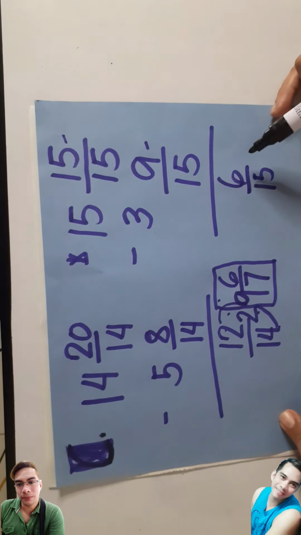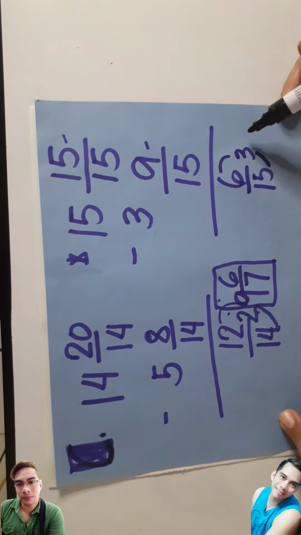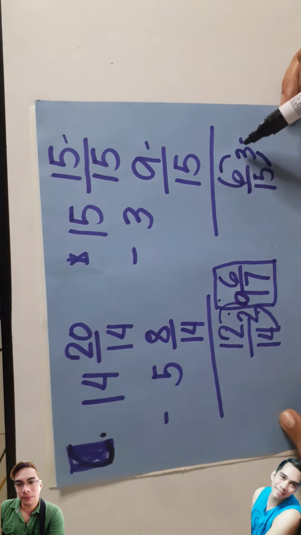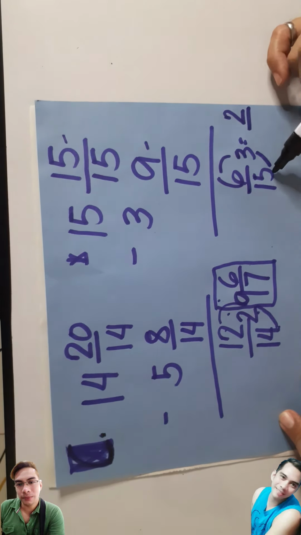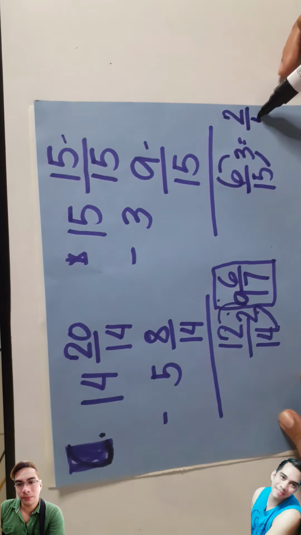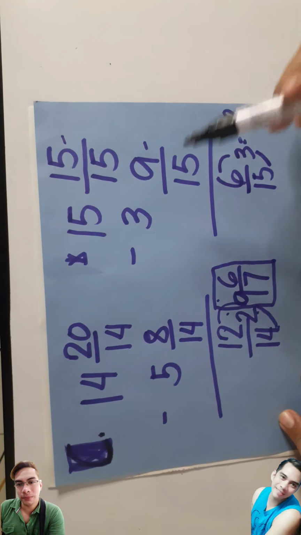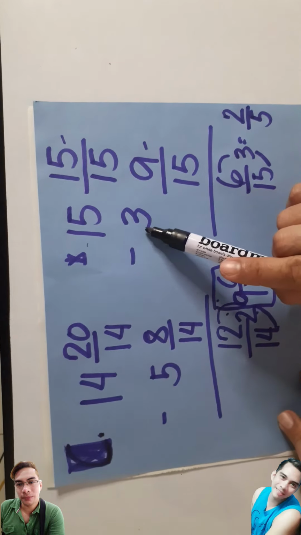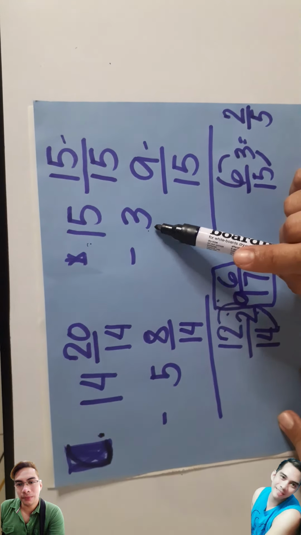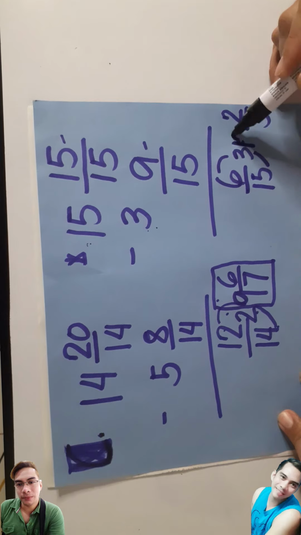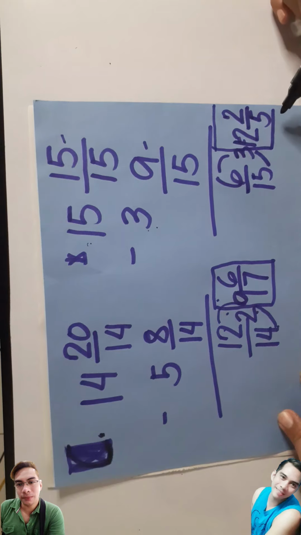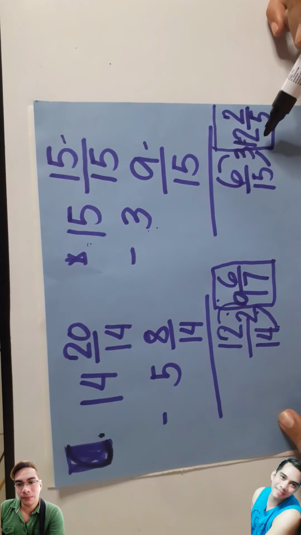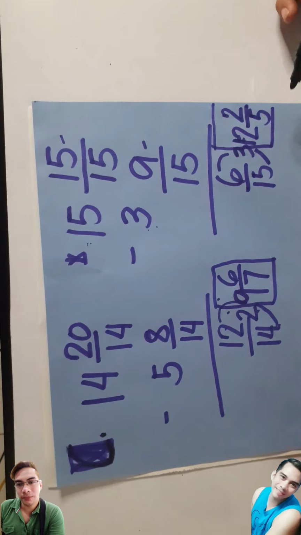Ang GCF niya is 3. So, i-divide natin yan both sides. 6 divided by 3, answer is 2. Then 15 divided by 3, answer is 5. 2/5. Then subtract the whole number, 15 minus 3, answer is 12. So your final answer is 12 and 2/5.